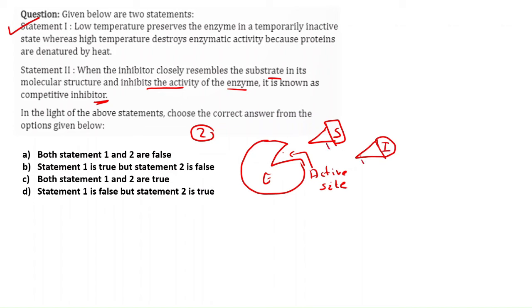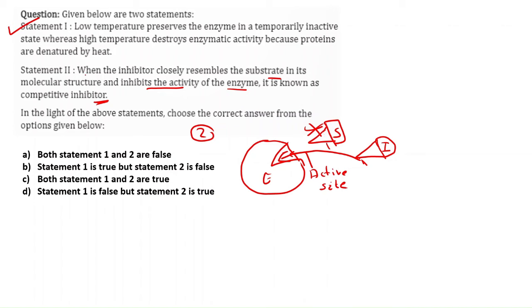So the substrate and the inhibitor are structurally almost the same. The structure is not exactly the same, but the molecular structures somewhat resemble each other. Hence, the inhibitor will bind to the active site, block the binding of the substrate, and inhibit the enzyme-substrate reaction.